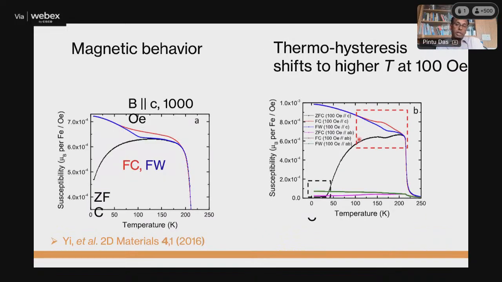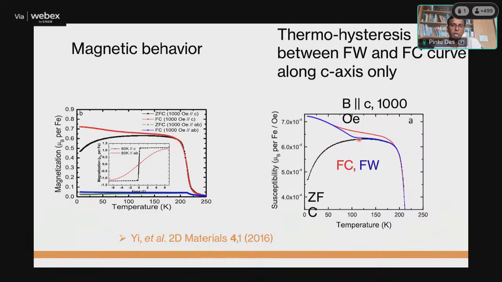But so far there was no direct result to support or negate this observation. It turns out that these thermal hysteresis loops are real, and then one needs to find out where the ferromagnetism and antiferromagnetism come from in this case.